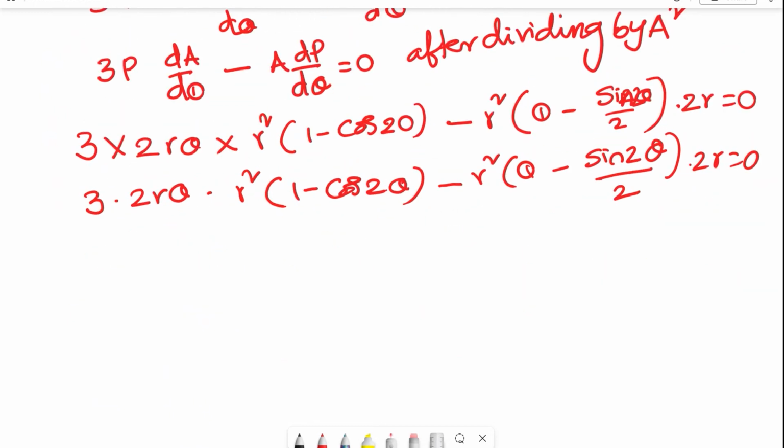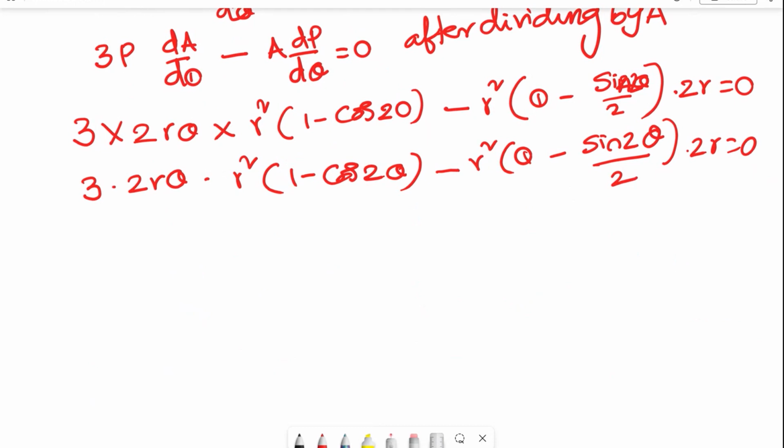So now I will try to simplify it. How can I simplify it? This is r, this is r square, this is r square, this is r, total r cube. I can remove r cube, divide by r cube.